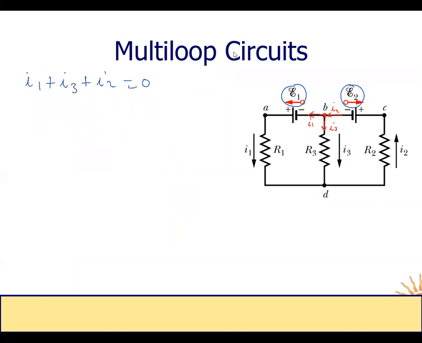The second one, as you see, we have to choose or apply the loop rule. You can take this loop, for example, A, B, D, A. By using this loop A, B, D, A, we get a relation between I1 and I3.